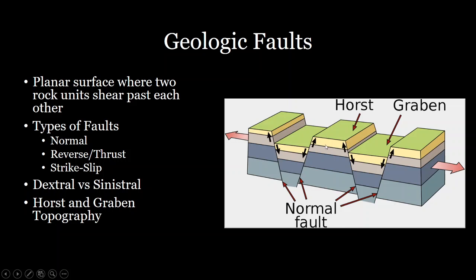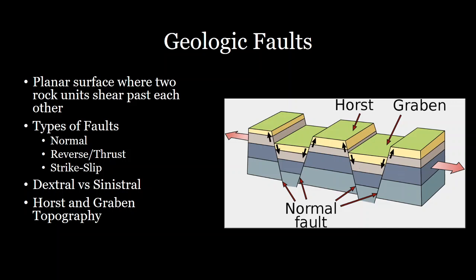And so in turn, that creates a landscape of a series of ridges and valleys as the hanging wall moves down and forms a valley, and that foot wall moves up relative to the hanging wall and forms a ridge. So those ridges formed from normal faults are called horsts, and the valleys are called grabens.